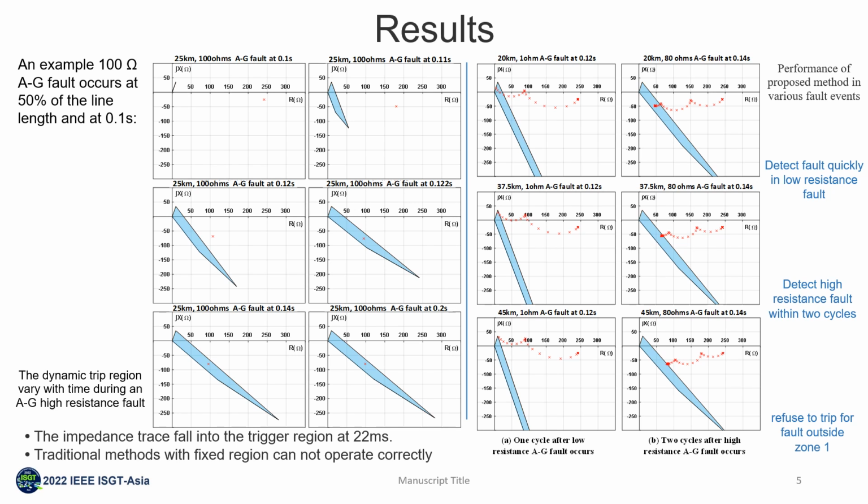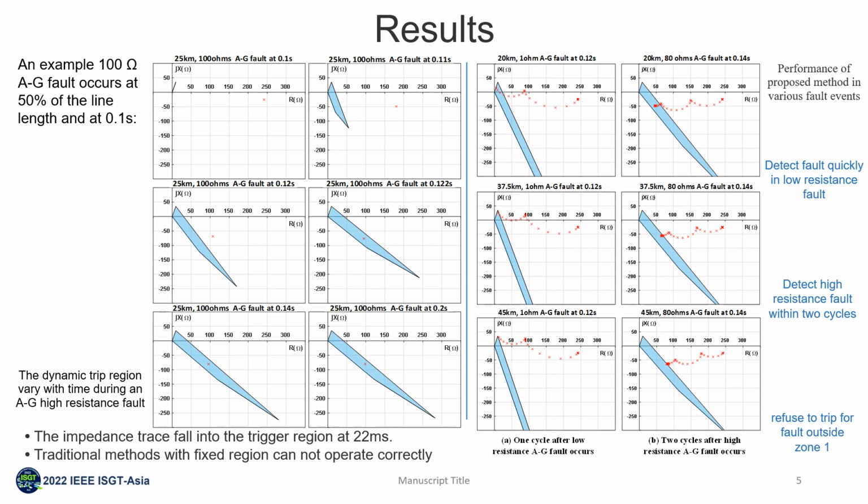A 100 ohm A-to-G fault occurs at 15% of the line length and at 0.1 second. Figures on the left show the dynamic trip region and the apparent impedance varying with time. The trip region is a straight line before the fault occurs. During the fault, the quadrilateral dynamic trip region is generated and adjusted.